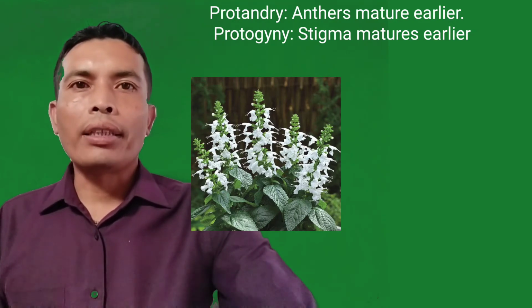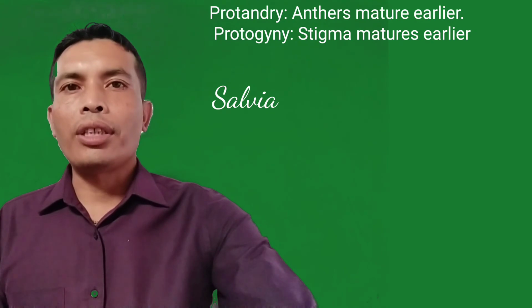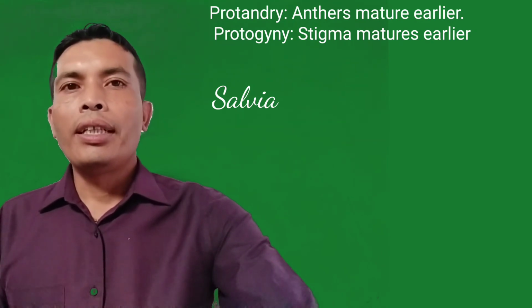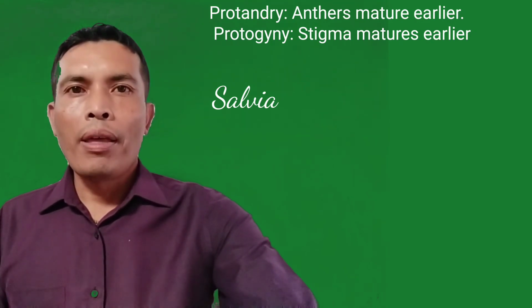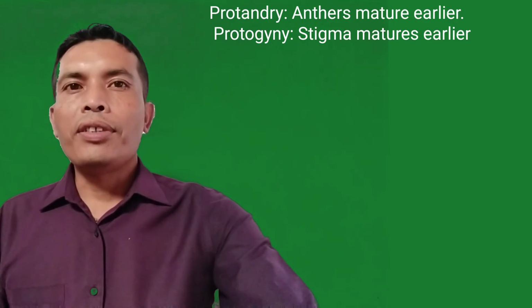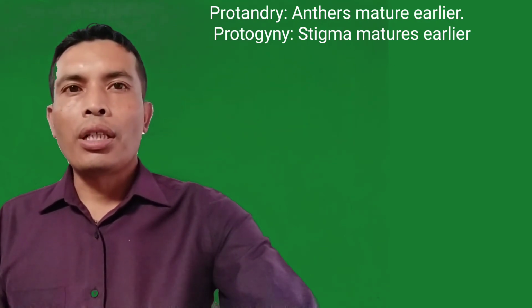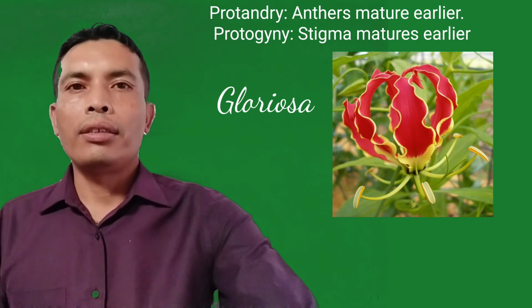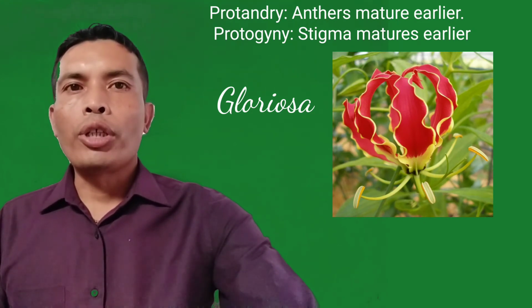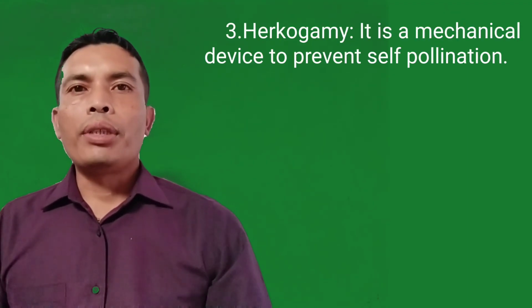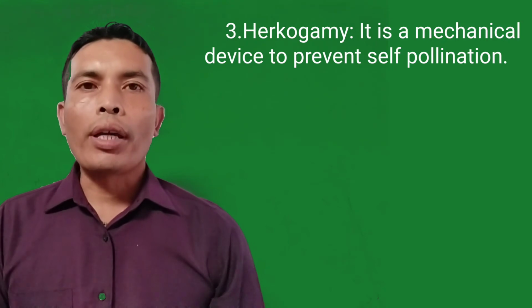In protandry, anthers mature earlier than stigma in the same flower. Example is found in salvia. Protogyny. Stigma matures earlier than the anther in a bisexual flower. Example is found in gloriosa. So next outbreeding device is hercogamy.